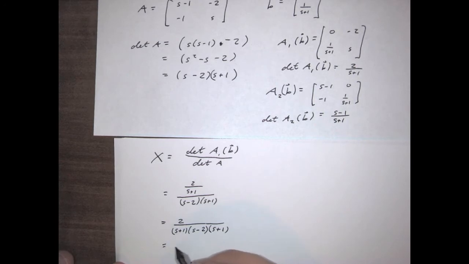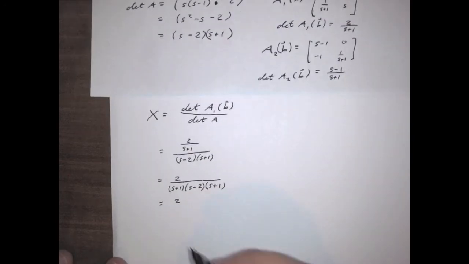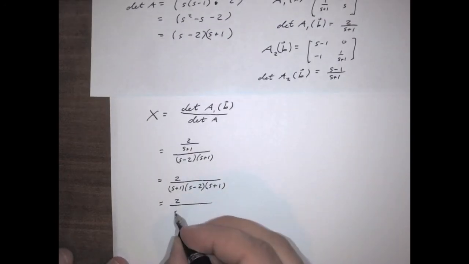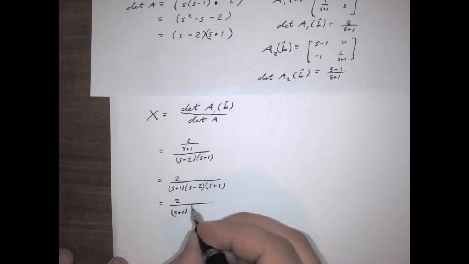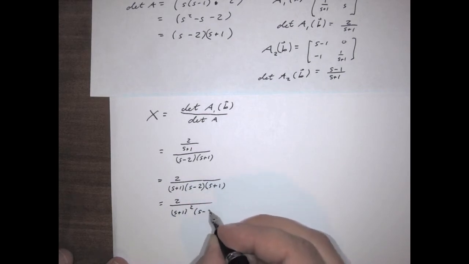Which you can then simplify to make 2 divided by s plus 1 squared s minus 2.